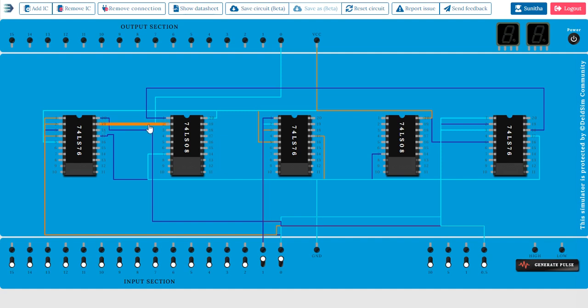So 2 connectivities are done from the output of the first flip-flop: one to the AND gate and another to the output line.